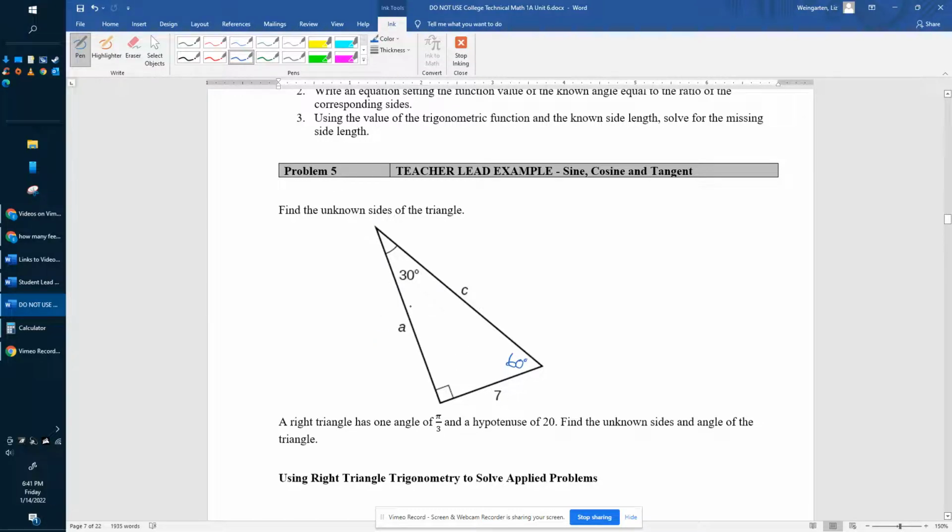Well, on a 30, 60, 90 triangle, we know that the shortest side is 1/2 of the longest side, so the longer side has to be 14. The middle side is square root of 3 over 2 times the hypotenuse. So that'll be 7 times the square root of 3.